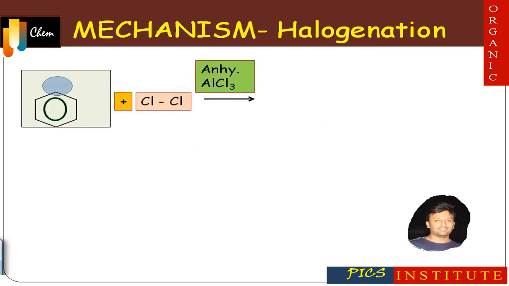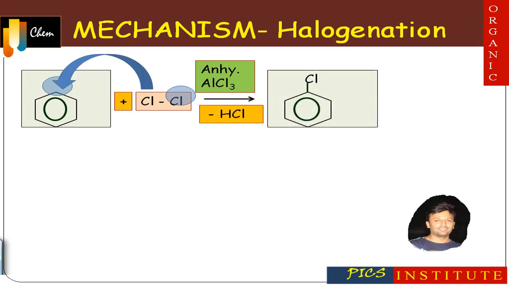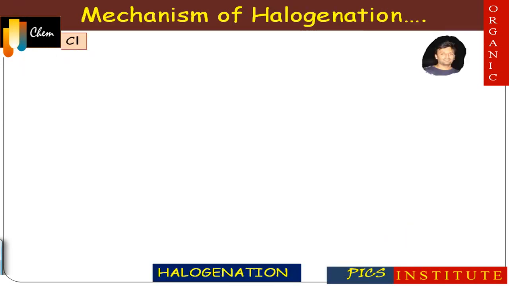So let's understand the mechanism of halogenation. Mechanism of halogenation and Friedel-Crafts alkylation and acylation is the same. So let's understand the mechanism of this reaction. Reaction starts with splitting of Cl2 or any other reagents which we take during this reaction.